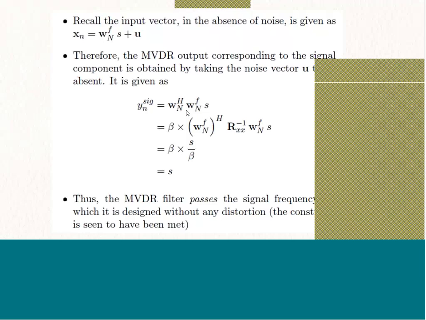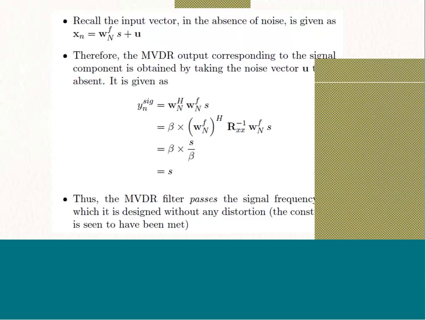If you wanted it to amplify this signal, then we could have said that the constraint W_n Hermitian W_nf, instead of 1, could have been 10. Then this S would be 10 times S. The point of this sequence of equations is to show that MVDR has done what we asked it to do.